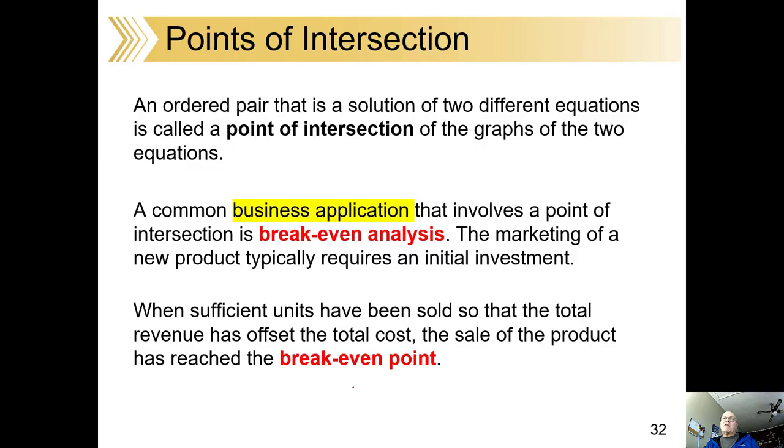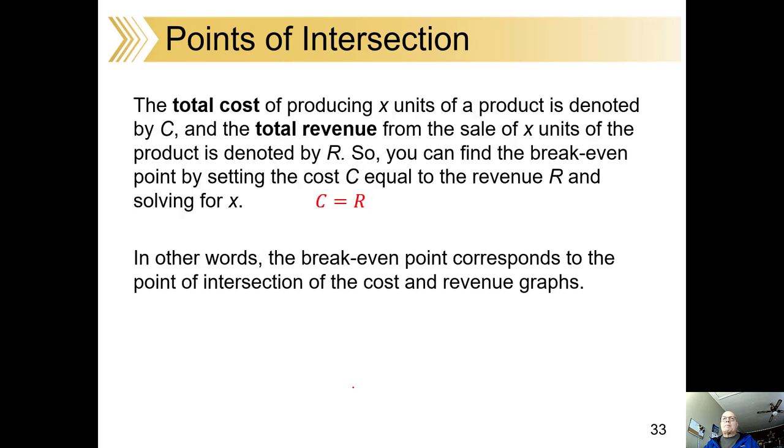If you sell enough so that the revenue offsets the total cost, then you're breaking even. Just showed you that one, cost equals revenue. Frankly, well, you can write it whichever way you want to. I tend to write it the opposite way. I guess accentuating the positive instead of the negative, whatever.